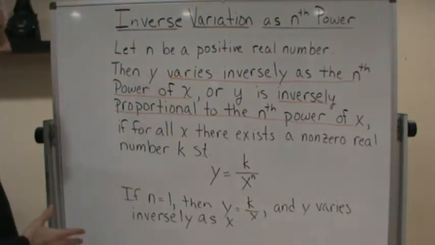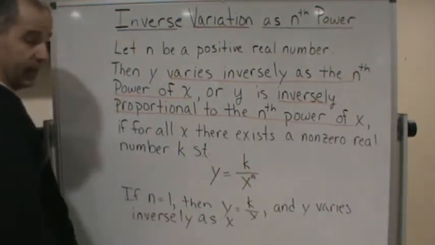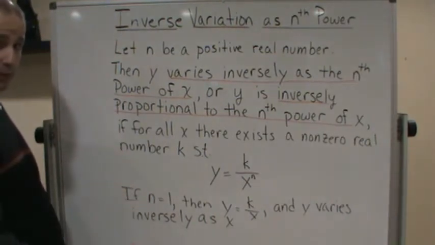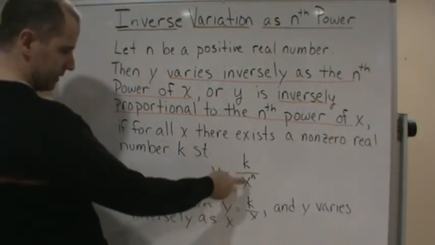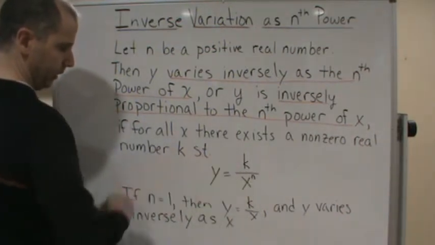Notice the difference. Before it was a multiplication, k times x to the nth when we were talking about direct variation. Here, the x to the nth power is in the denominator.